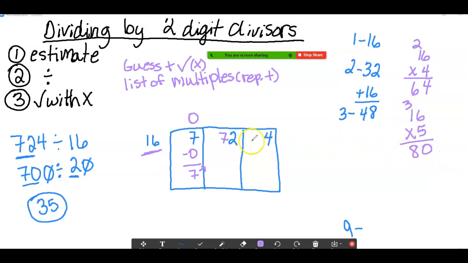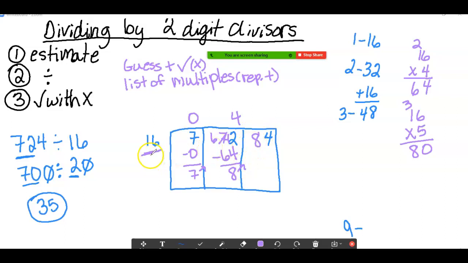Okay, so 80 is too much. I need 72. So I'm going to back it up to 64. So I want 4 groups, and 16 times 4 is 64. I subtract, and that gives me 8. Well, I'm going to carry my 8 over here.